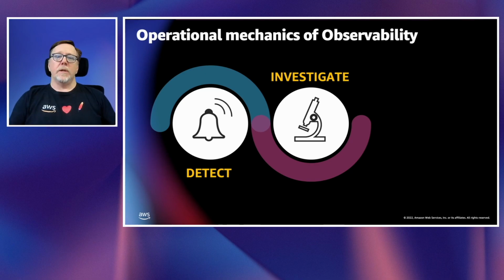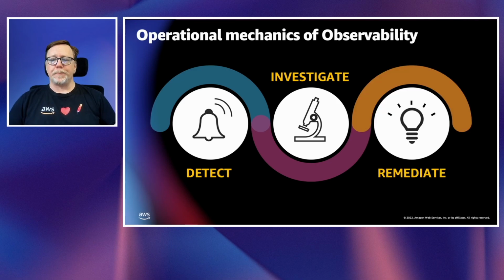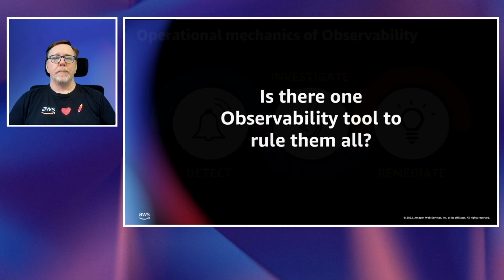And investigate here is a kind of broader bucket where even if it's not a real-time problem that's happening, you still have the ability to dig in and figure out over the past what has happened in order to remedy and improve your software. And finally, again, remediating and improving the software is one of the ultimate goals. So to be able to remediate issues and bring back that high quality user experience.